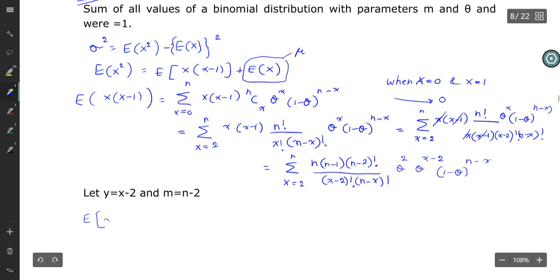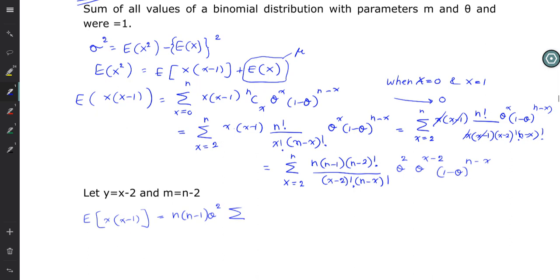Expected value of x times (x minus 1) becomes, here are my constants taking outside the summation. Instead of x, now we replace it with y. When you replace y equals x minus 2, you get the summation going from 0 to m.